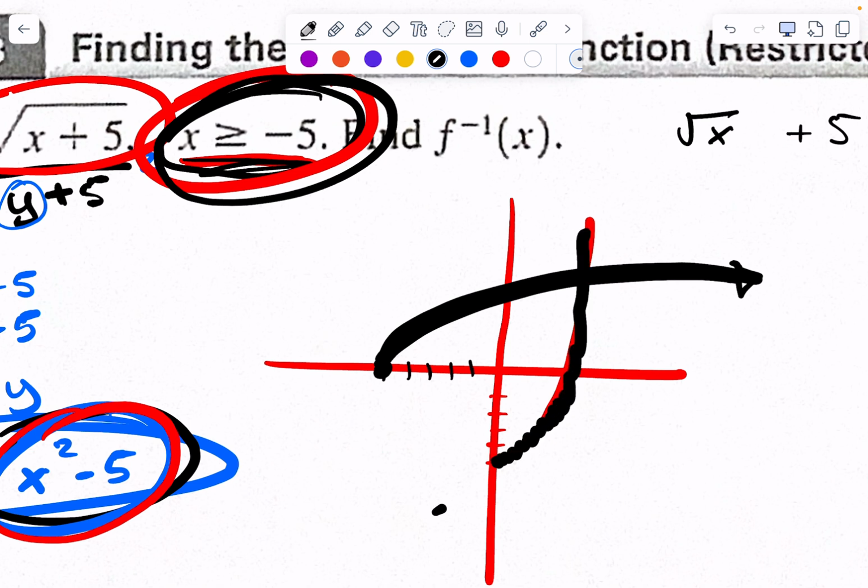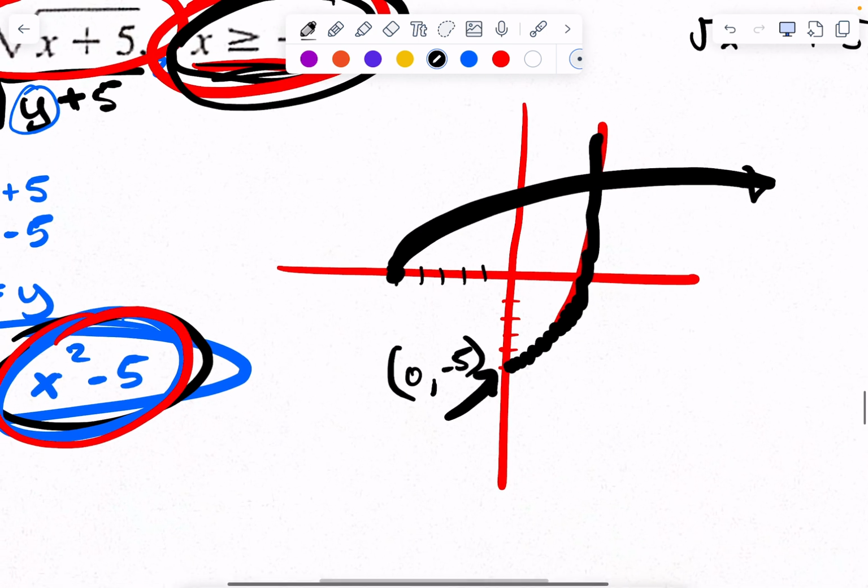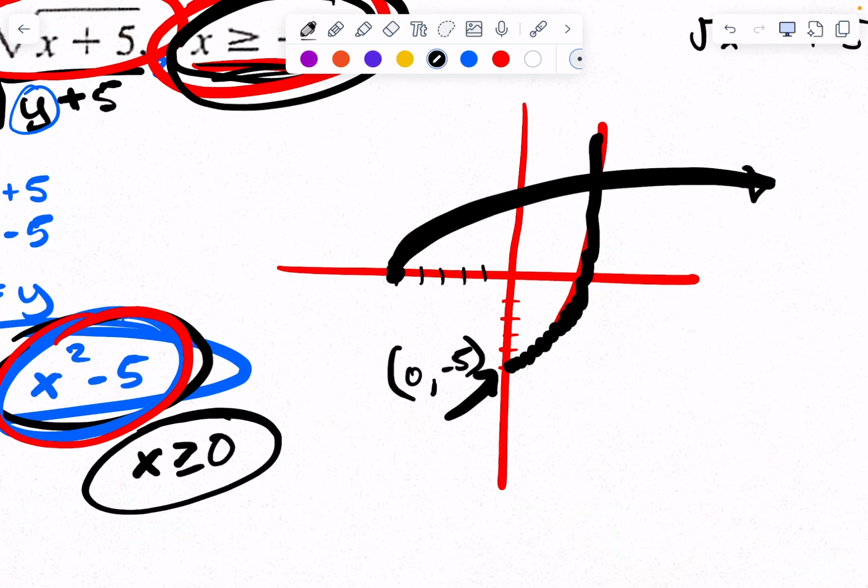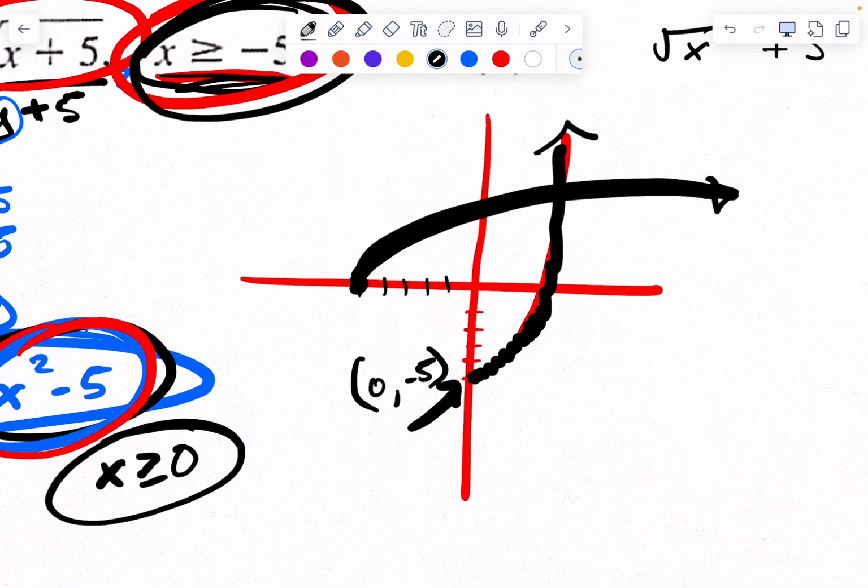What's the x coordinate right here? This is at 0, negative 5. So x has to be greater than or equal to what? Negative 5? No, 0.